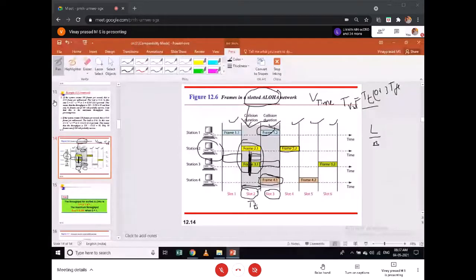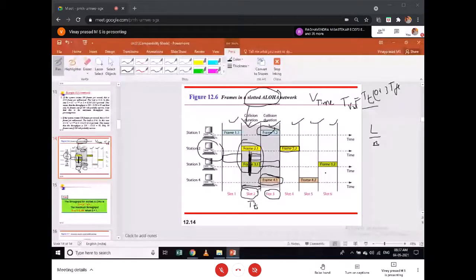If I look at this example, the assumption we made initially was that there were 4 stations and each station had exactly 2 frames to send. So how many frames were sent by all of them? 8 frames, because 2 from each one, 4 stations, totally 8 frames.